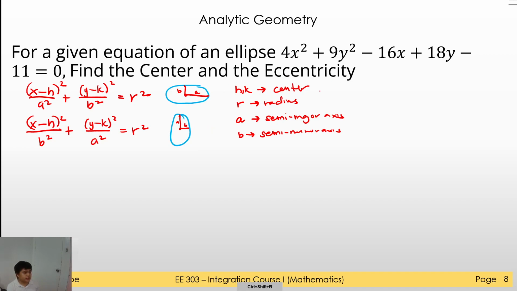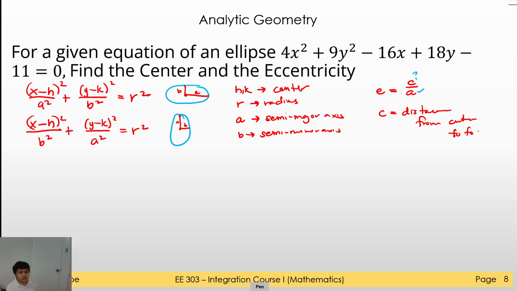So for the eccentricity, let's break this down first. Eccentricity is equal to C over A. So what is C now? We know what A is. So what about the C? C here actually is the distance from the center to the focus or foci.